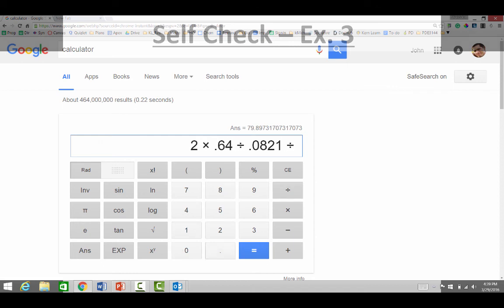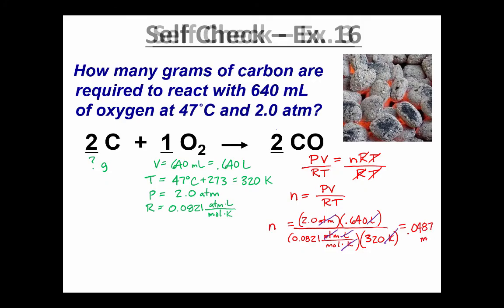Calculating, this gives us 0.04872, etc., moles.